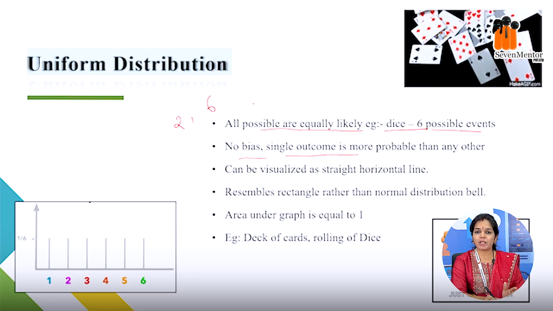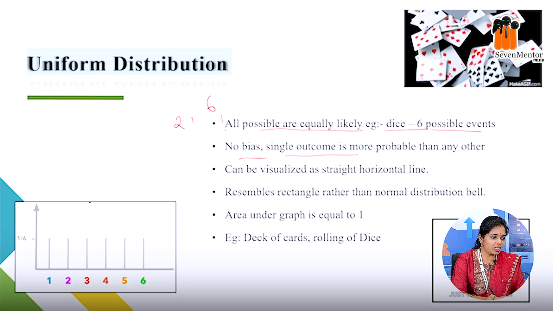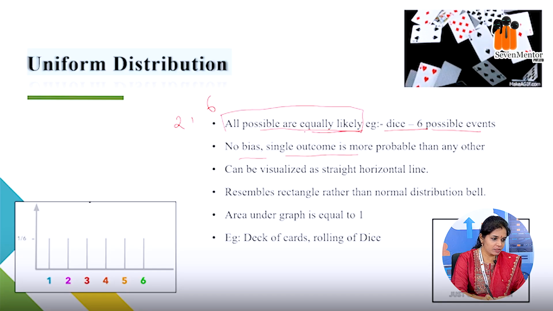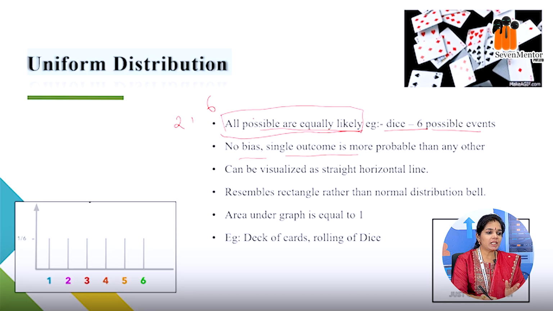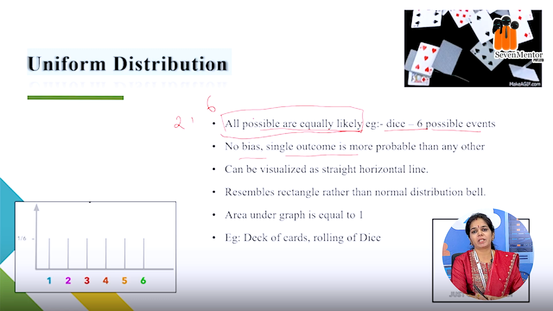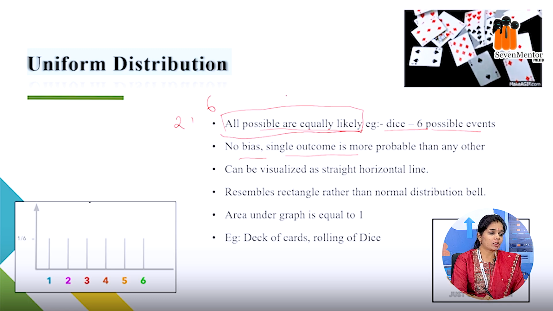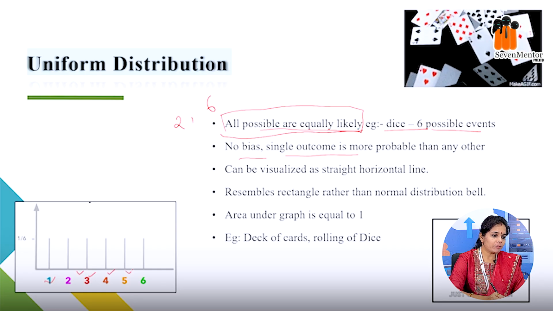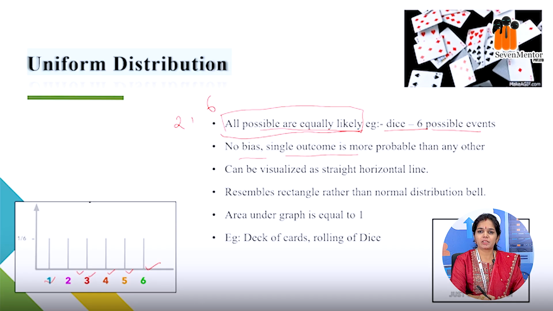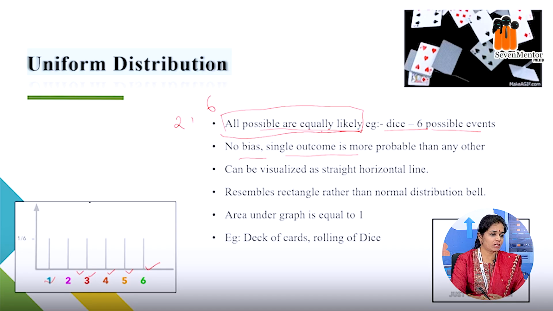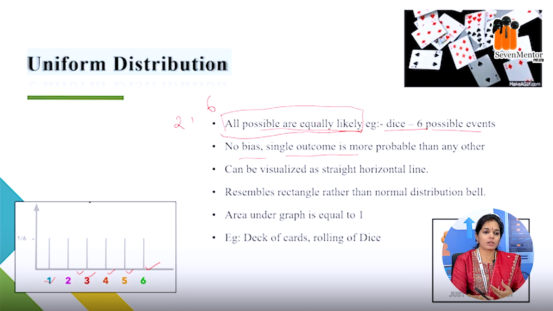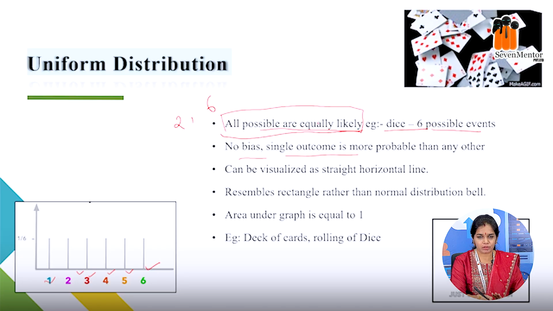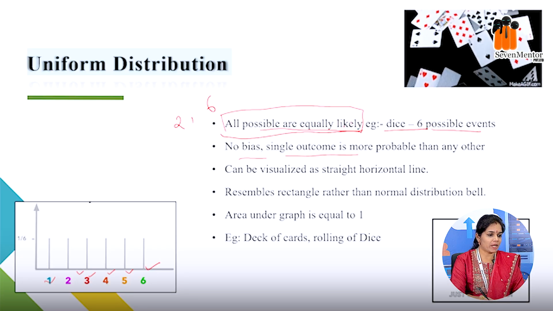It will give equal importance. The meaning of equally likely is that everyone is getting equal importance: all of 1, 2, 3, 4, 5, 6. It is not like I roll it 4 times so I'll get 4. The dice is not biased.